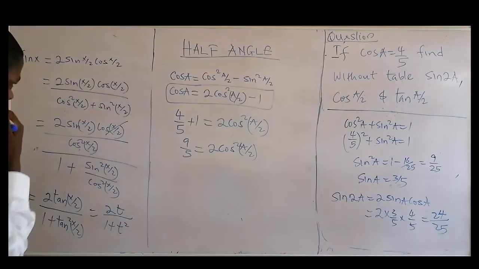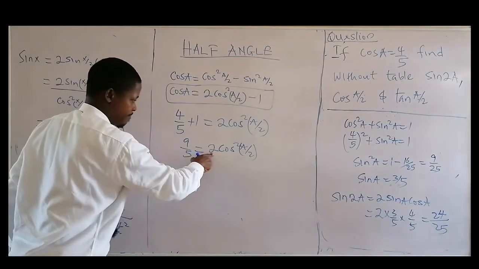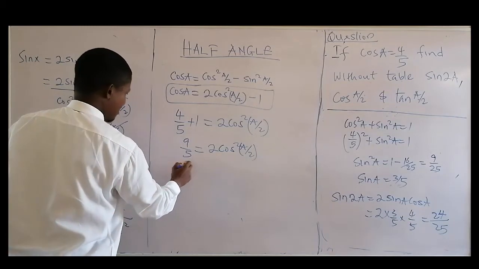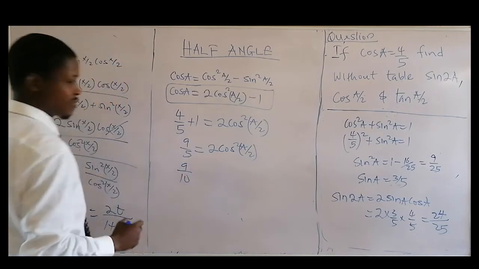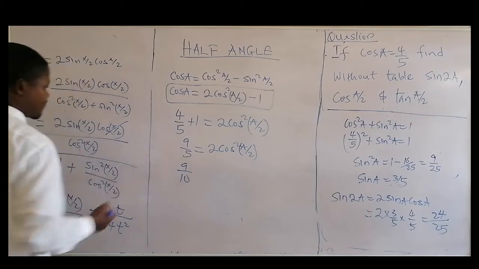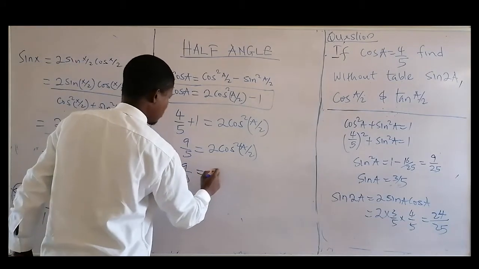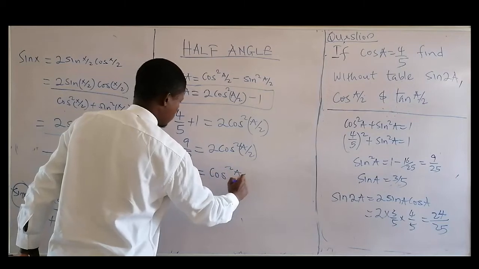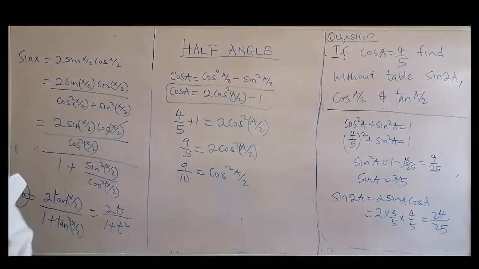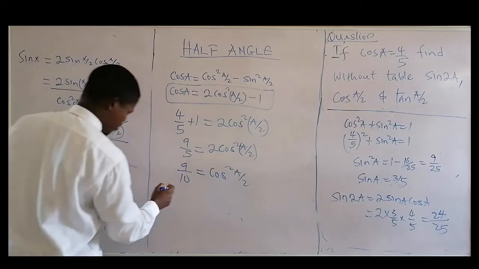Can we remove this 2 from here? So that will be equal to 9 over 10. You divide both sides by 2. So that will be 10, equal to cos square A over 2. Then take square root of both sides.